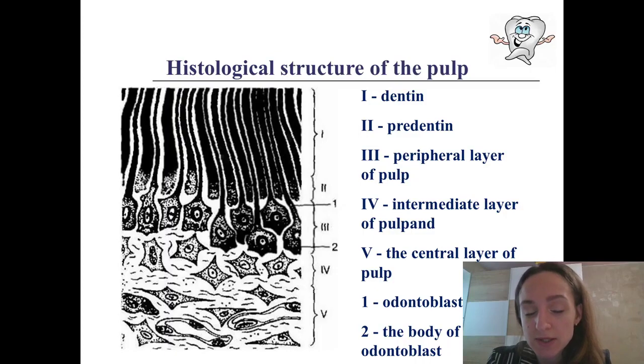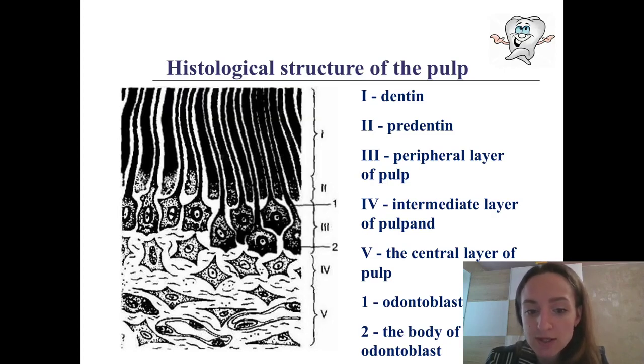Anatomically, the pulp is divided into, first, the coronal part of pulp, and this part is located in the pulp chamber in the crown portion of the tooth, including the pulp horns that are located beneath the incisal ridges and cusp tips.